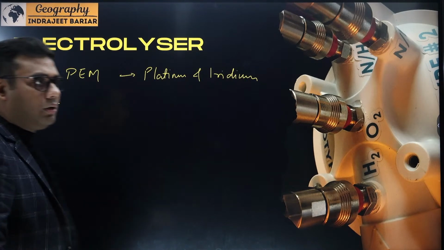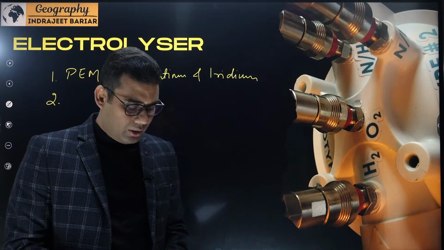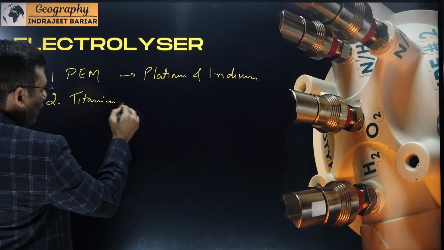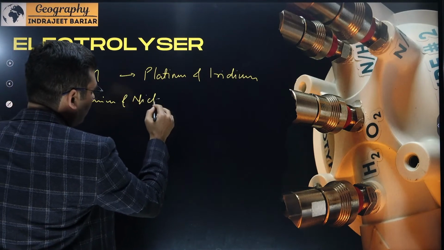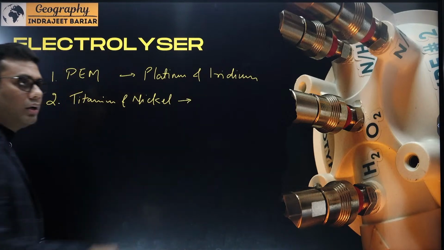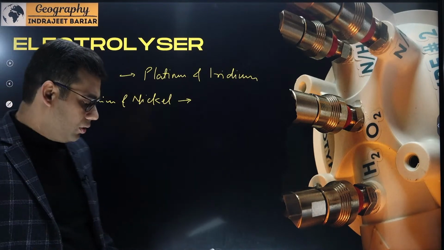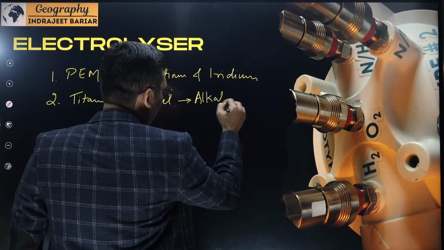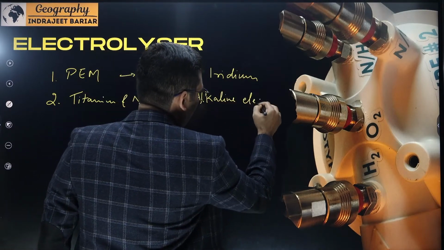Then, the second one that we are dealing with has been titanium and nickel. And with titanium and nickel, the method is the alkaline electrolyzer.